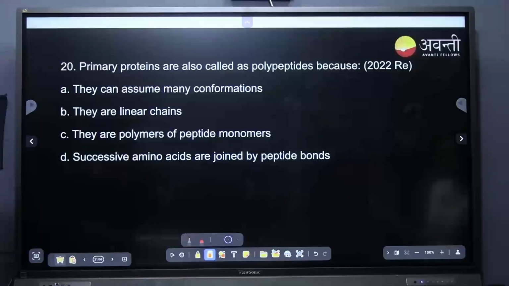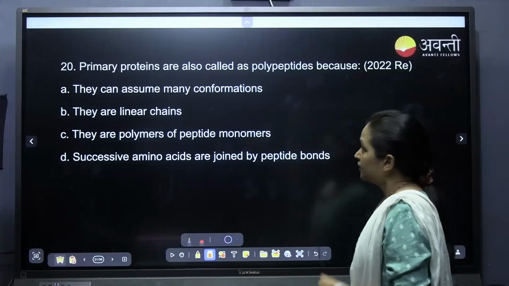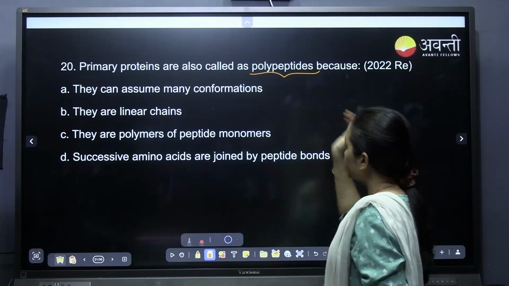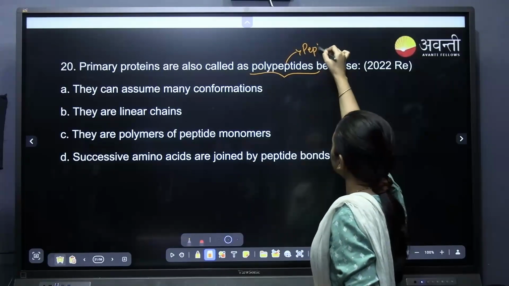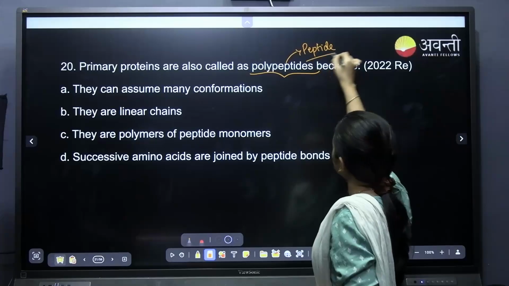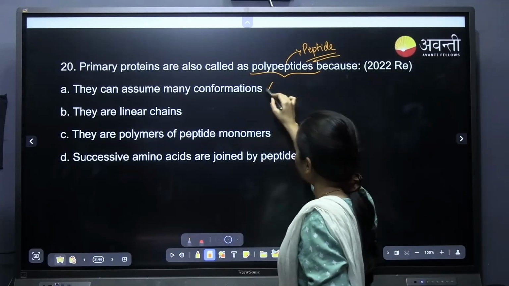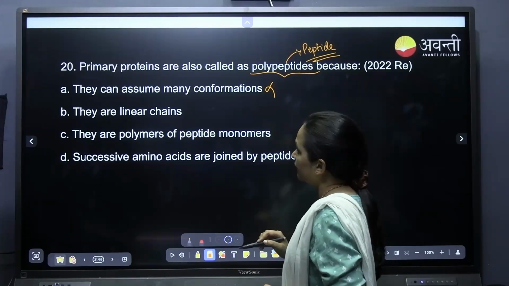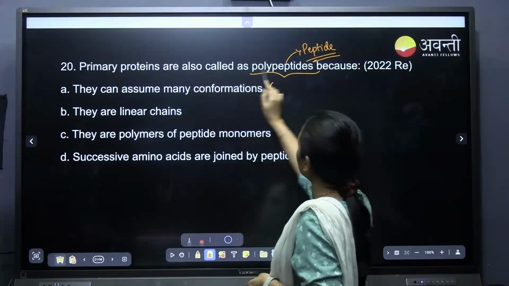The primary proteins are also called polypeptides. Why are they called polypeptides? Because they have peptide bond formation. We already discussed this. So they can assume many conformations? No, primary doesn't have any conformations, and they are a linear chain. That is true, but why are they called polypeptide?